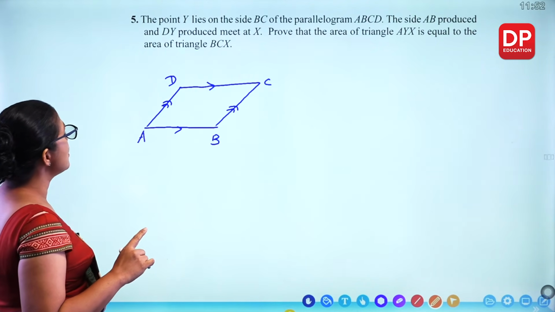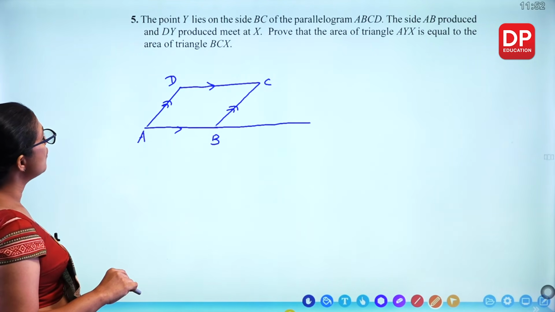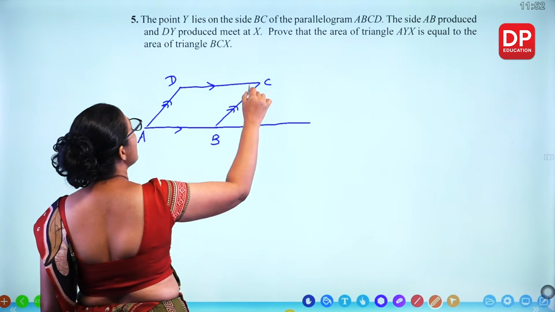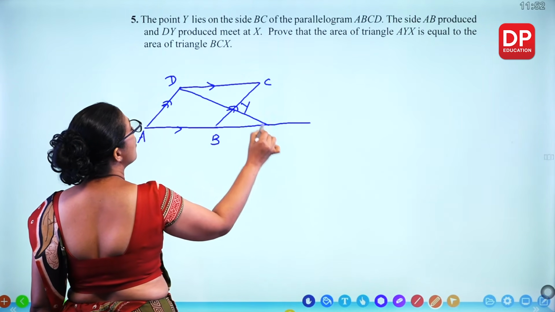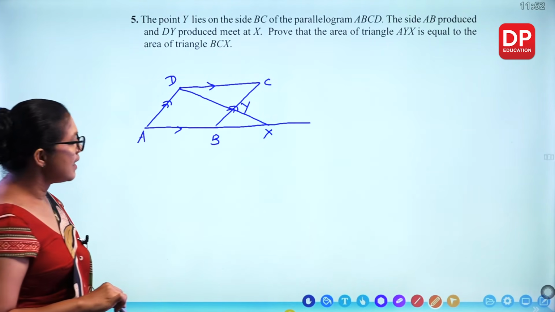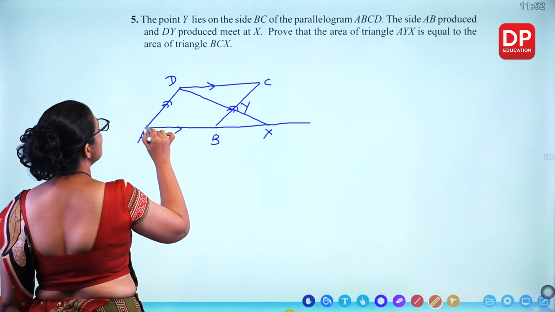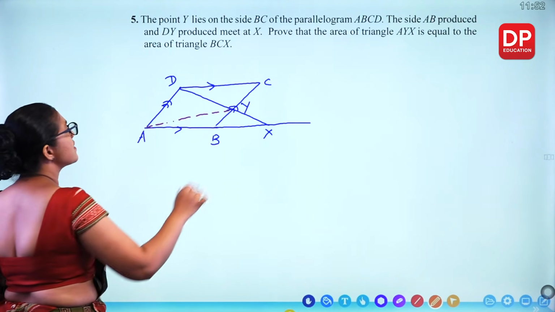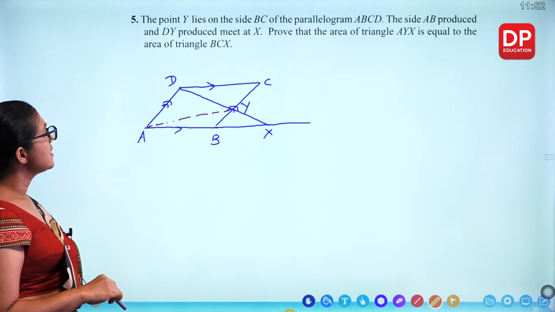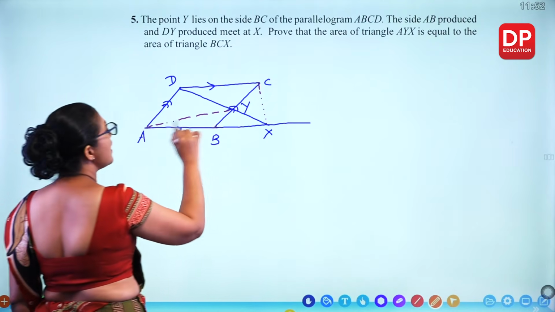The side AB produced and DY produced meet at X. Prove that the area of triangle AYX, I need to connect this one, is equal to the area of triangle BCX. This area. So this one and this one.